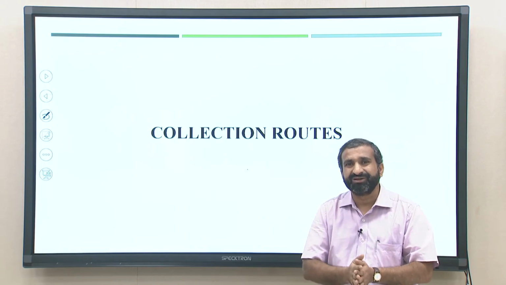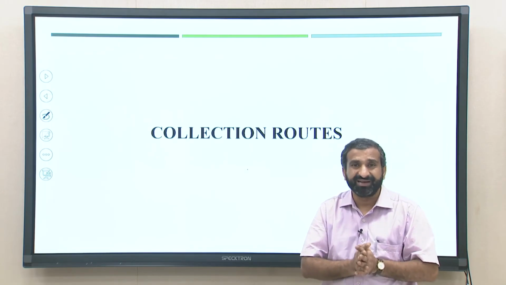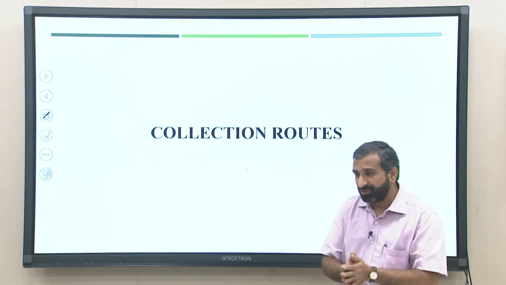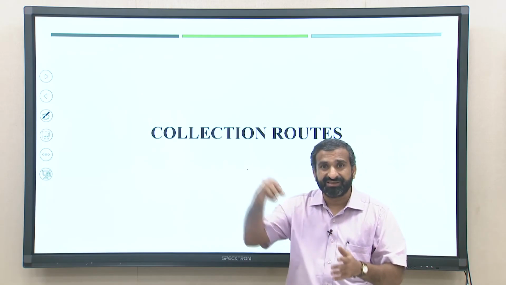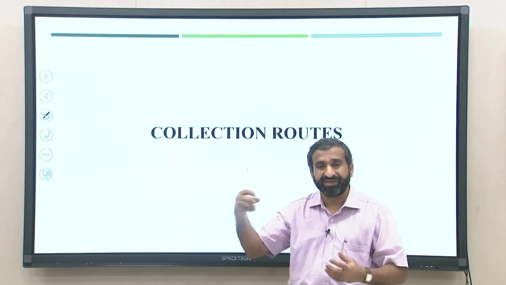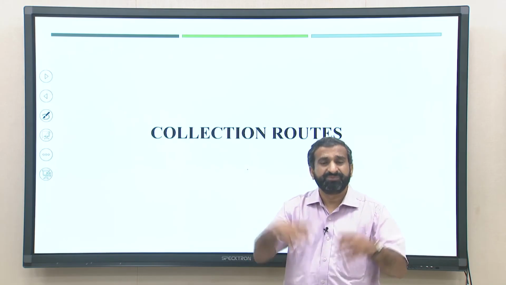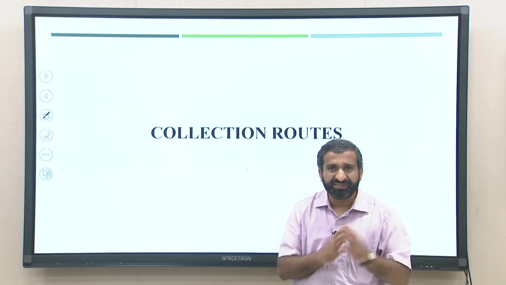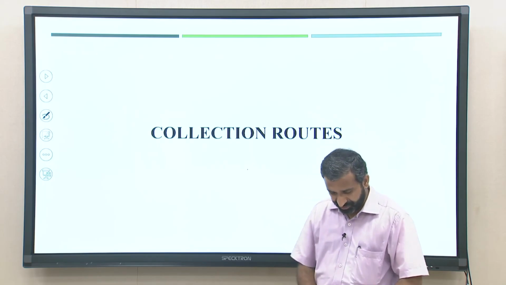So, corporations used to finalize based on their experiences, but now, under Swachh Bharat Mission, some of the cities have started the GPS facility on the vehicle. So we can map or plan a particular route, and if the routes are not economical, from time to time we can change the vehicle route.